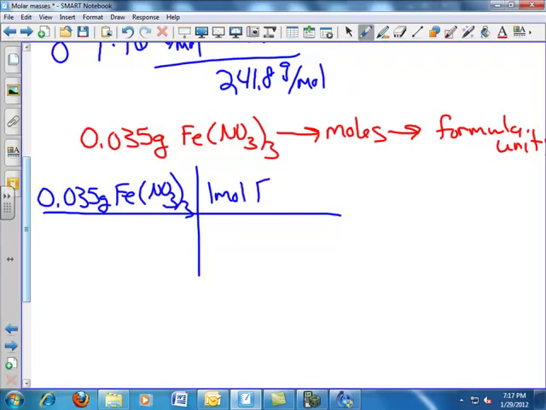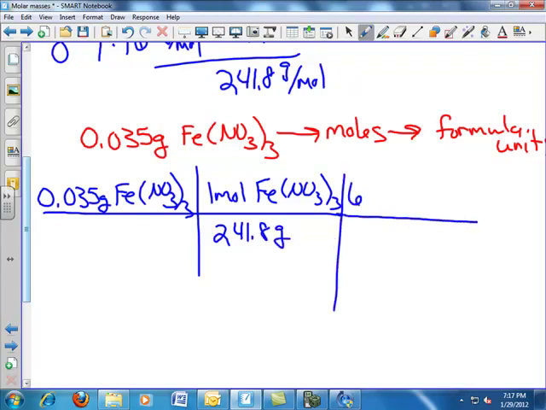So I have 1 mole of FeNO3 per 241.8 grams. And then I'm going to use 6.022 times 10 to the 23rd formula units all over 1 mole. Okay, now again, crank out the math.